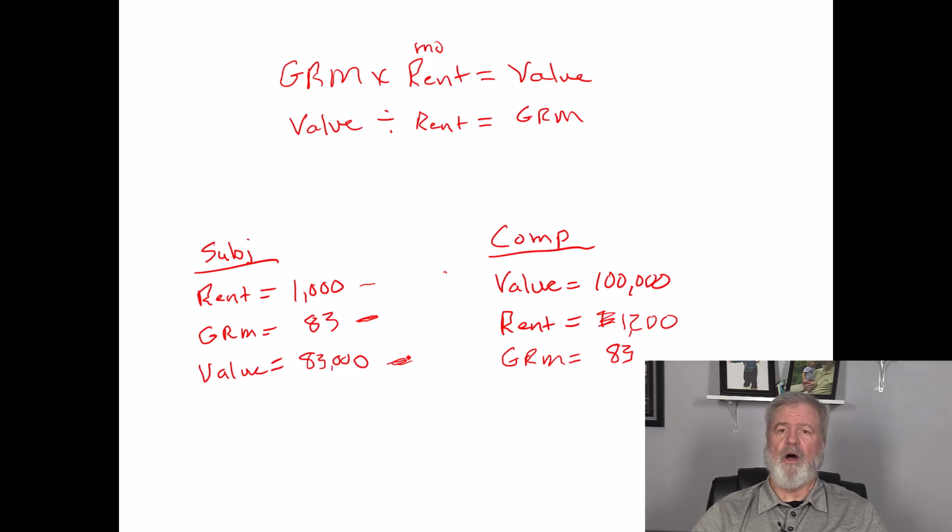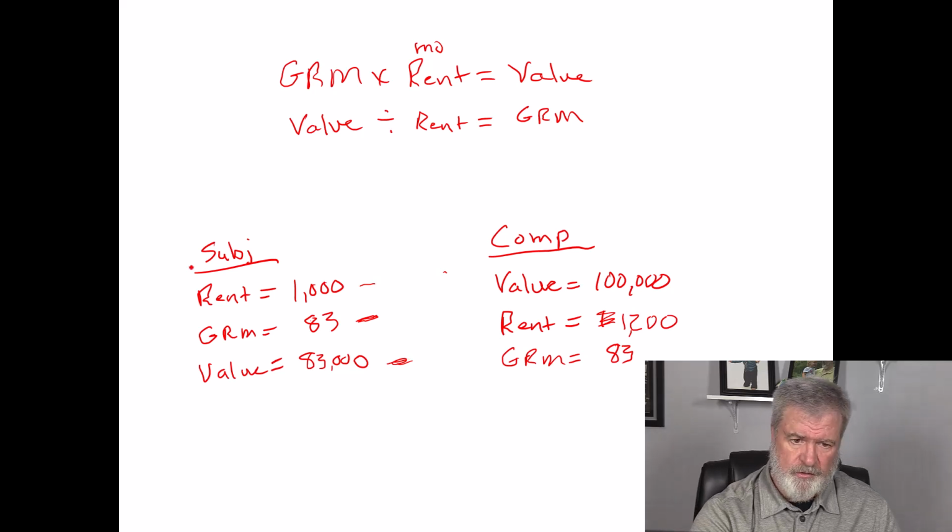Well, I'm showing 108. So 9 times 12 months will be 108 months. So what they just told you is, I want you to find a property with a gross rent multiplier of at least 108.